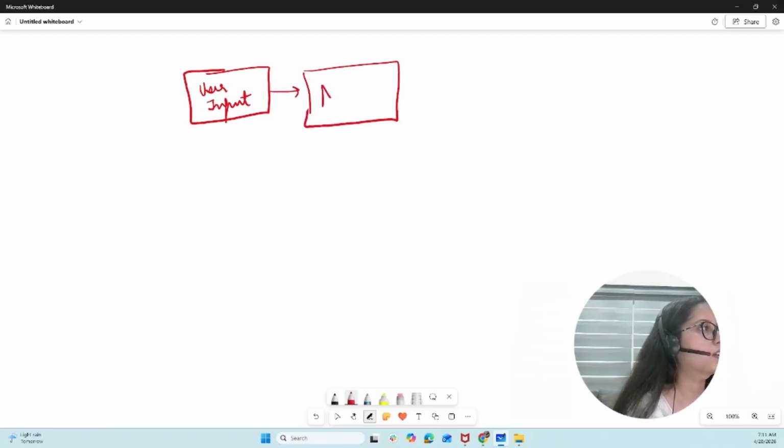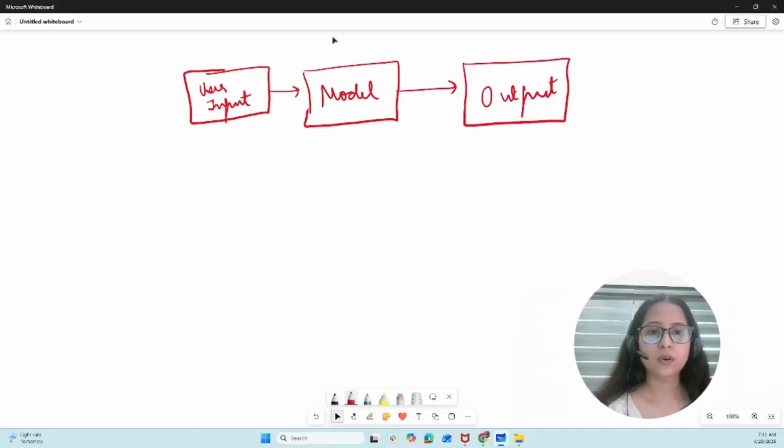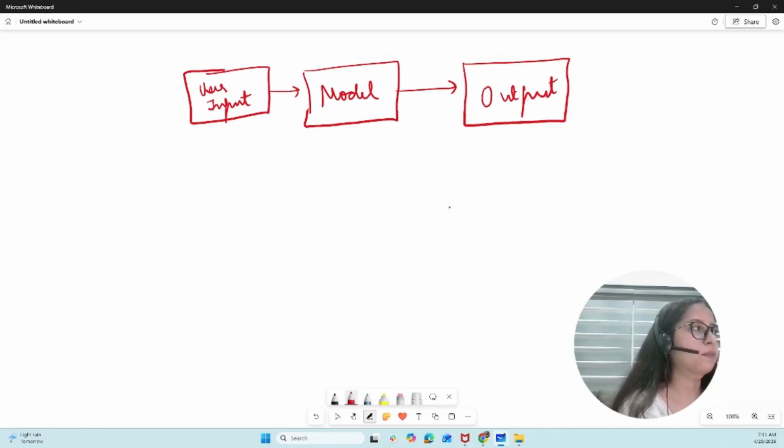That model generates new output for us. Now what does this mean? For example, you give some input, which is called a prompt.